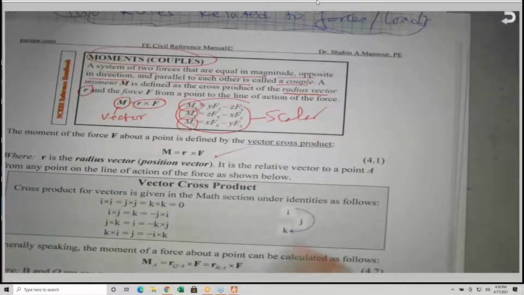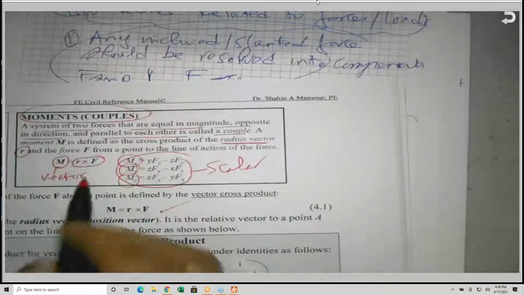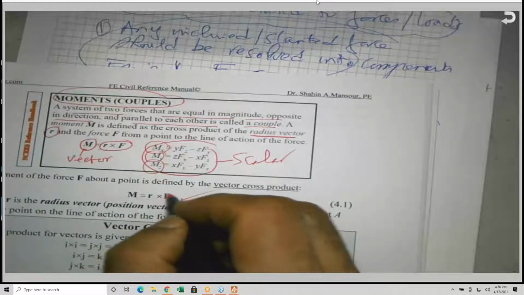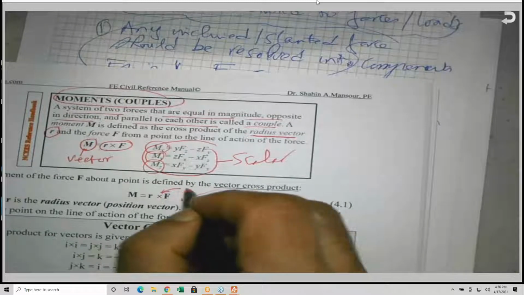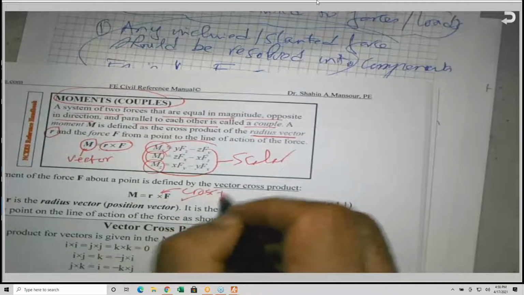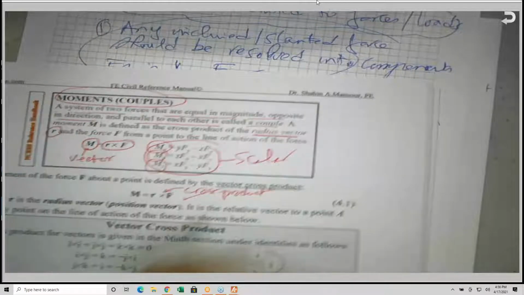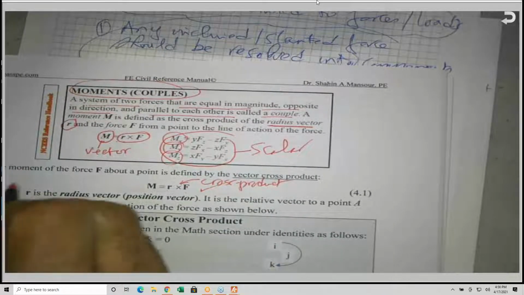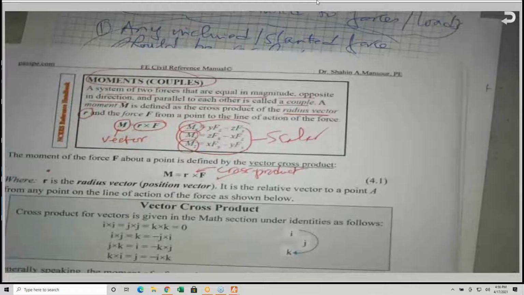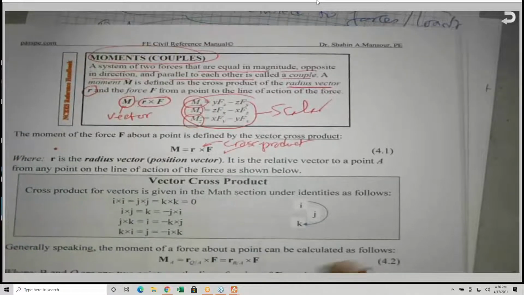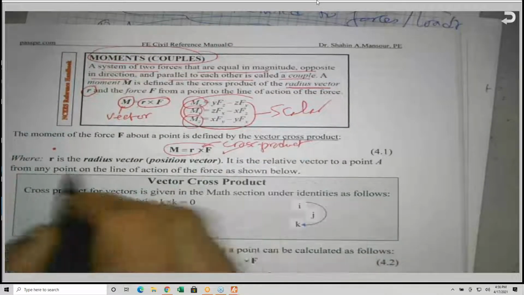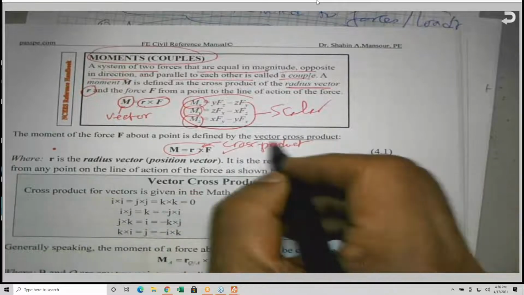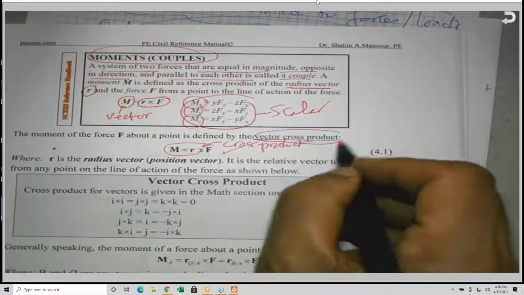And since we are multiplying R times F, this is called a cross product. There is a dot product and a cross product. Dot product means that there is a dot in between, and we're going to see this later on. But this one here is the vector cross product.